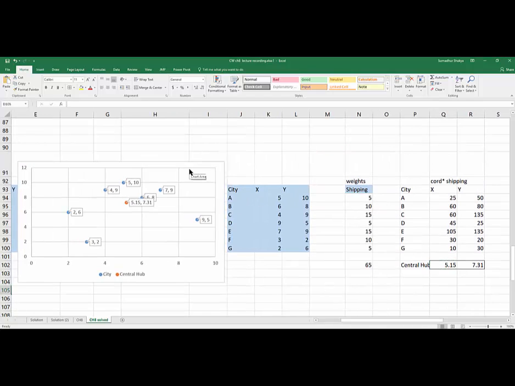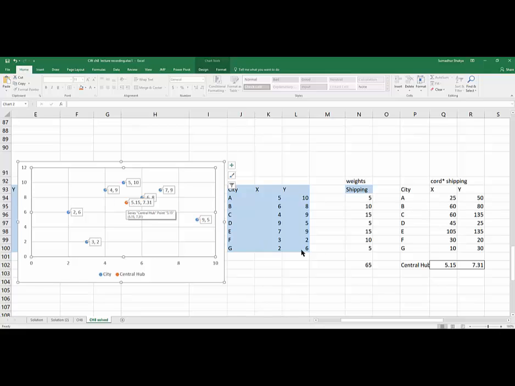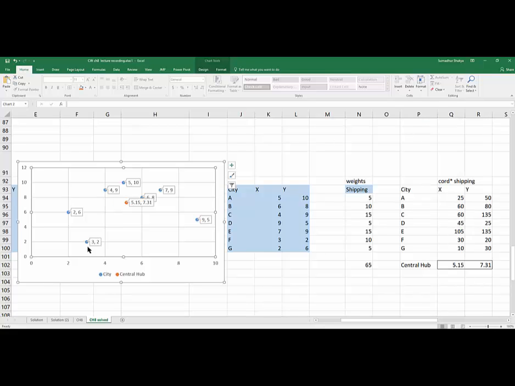Now, one more thing I wanted to show was, let's say currently this graph only shows you the location of the cities A, B, C, D, through G, and this orange one shows you the location of the central hub. What if we also wanted to communicate the importance of all of these locations by their shipment size?